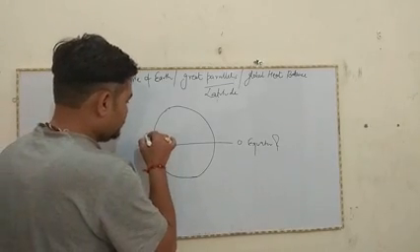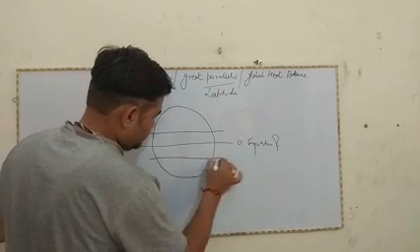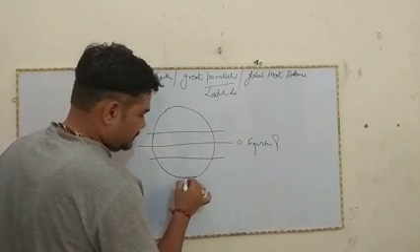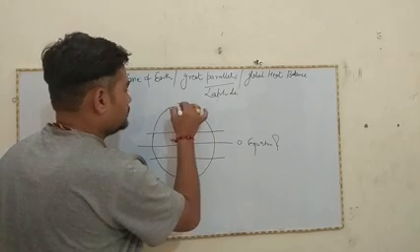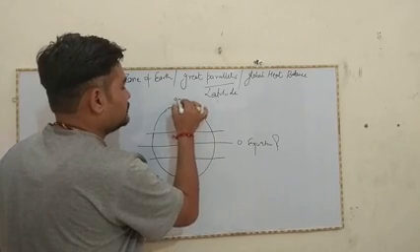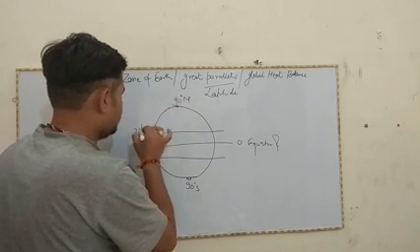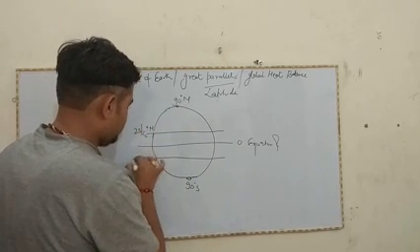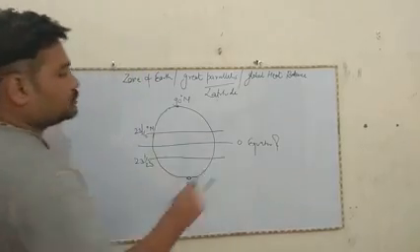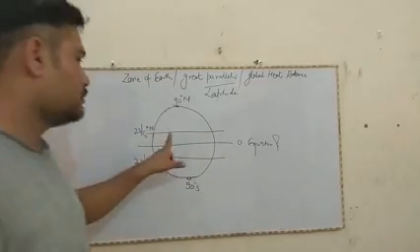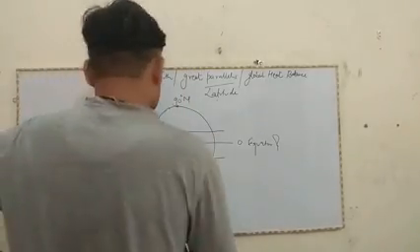And again, 23 and a half on both sides, that is 90 degree south, that is 90 degree north, that is 23 degree and a half north, south. These both lines of parallel are called tropics.